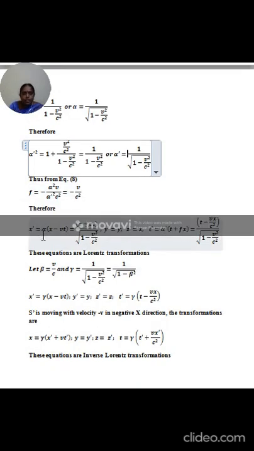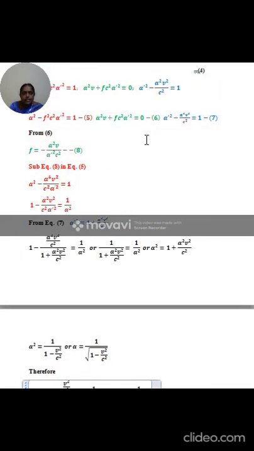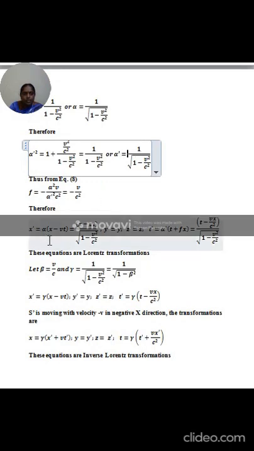Therefore, substituting the values of alpha, alpha prime and f in 5, 6 and 7, we get x prime to be equal to x minus vt by root of 1 minus v squared by c squared, y prime is y, z prime is z, t prime is t minus vx by c squared by root of 1 minus v squared by c squared.